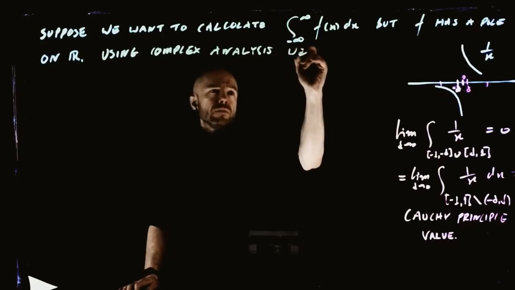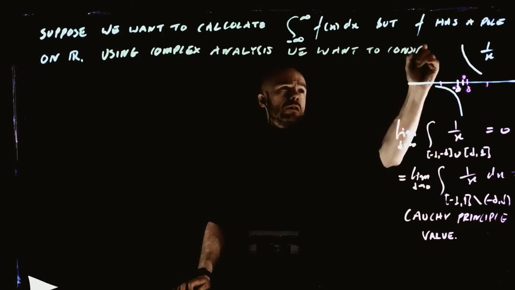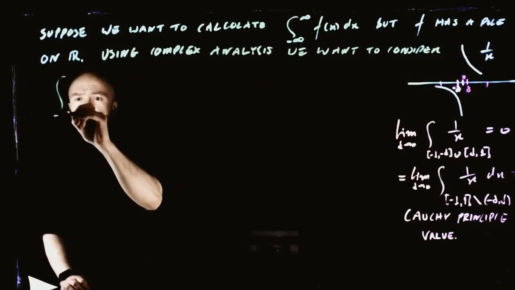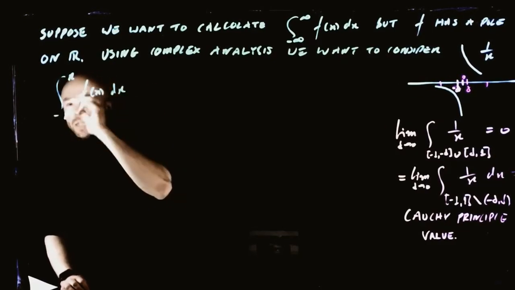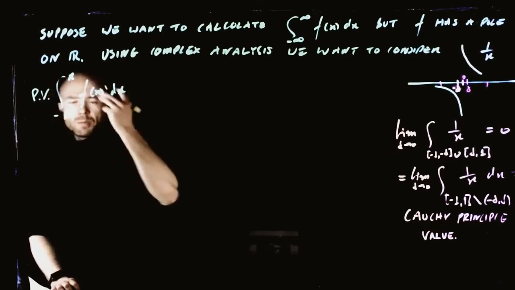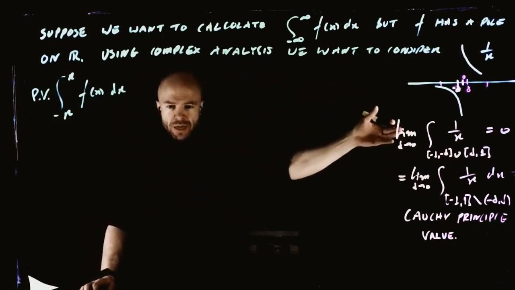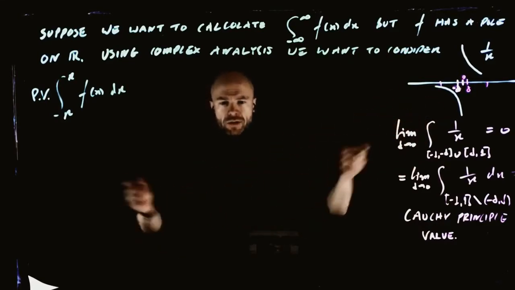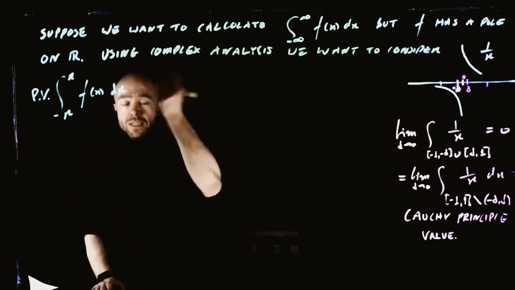We want to consider the integral from minus r to r of f of x dx, or, now that I'm being more precise and talking about principal value, I'm going to write PV, principal value. I'm not specifying where the singularity is yet, but I'm just saying that this is not the normal notion of an integral. This is where we cut out the singularity and then take the limit. So we want to consider this thing as part of a contour.